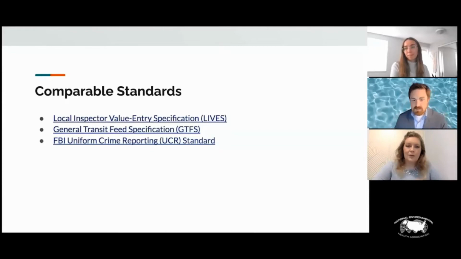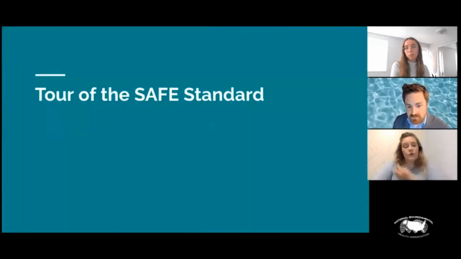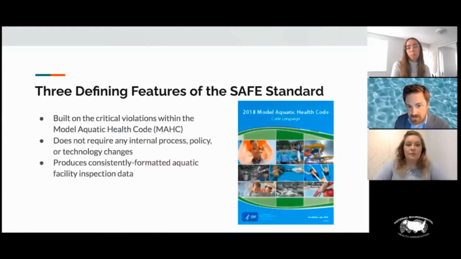Yeah, thank you. So we're going to give a quick tour of the SAFE standard. Three defining features of SAFE: first, it was built on the Model Aquatic Health Code. If you're not familiar, the MAHC was and still is a health code for aquatic facilities, developed through a multi-stakeholder process.